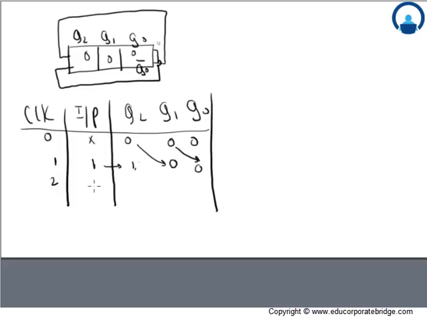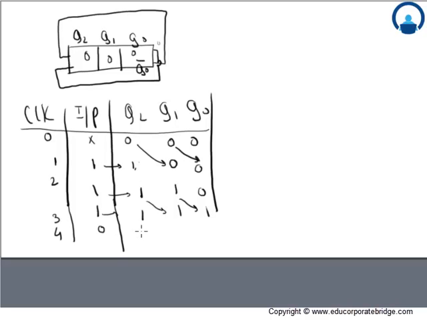Now during the second clock pulse, it becomes 1, 1, 0. During the third clock pulse, the same way it becomes 1, 1, 1. At the fourth clock pulse, Q0 is 1, therefore Q0 bar becomes 0, and this 0 comes as the input, so we get the complement of Q0, which is 0.